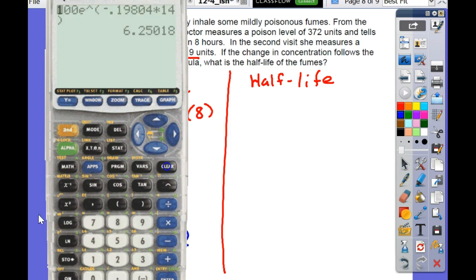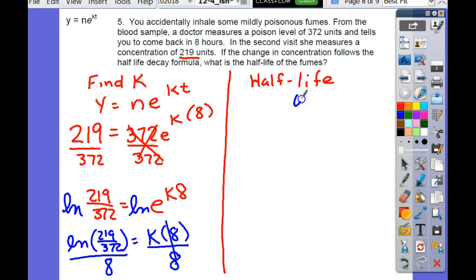So in your calculator, you put the ln of the 219 divided by the 372 divided by 8. Is that what the k is equal to?